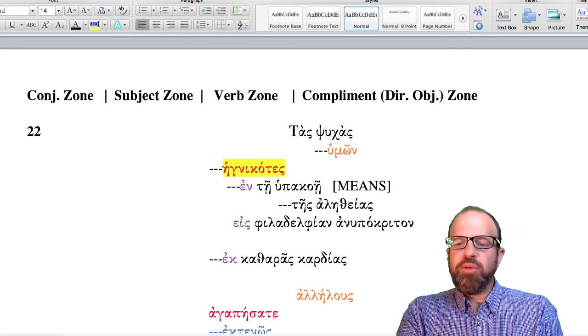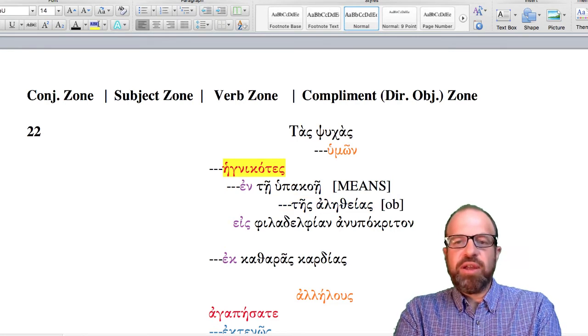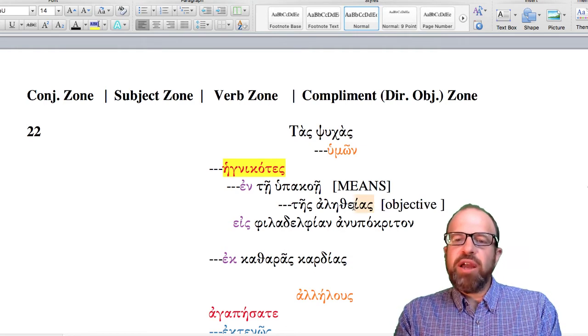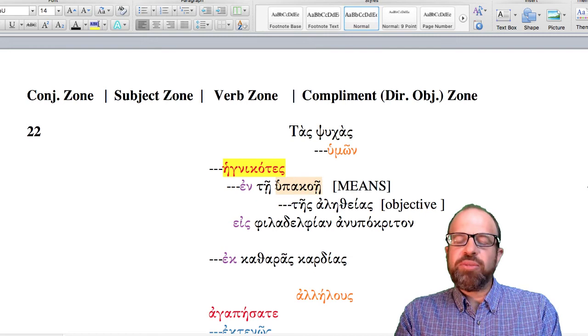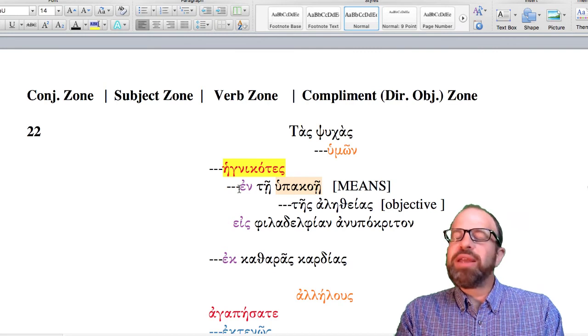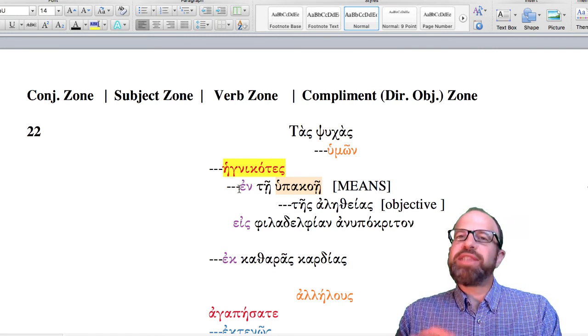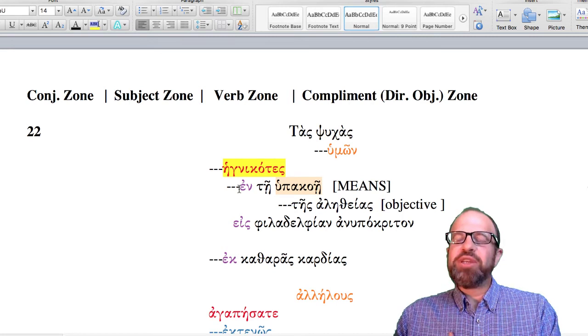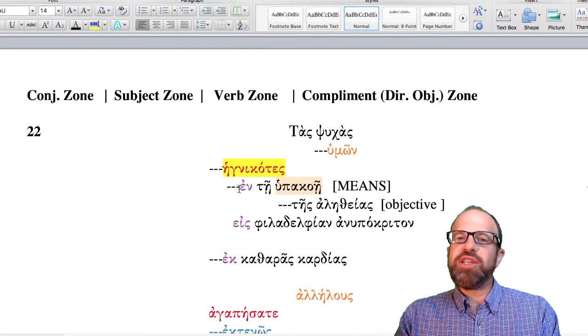This is a good example of what's called an objective genitive. And this is like the object of the verbal idea of obedience. We could think of it as meaning by obeying the truth. That is what will sanctify one's heart, is living in obedience to the truth that God has revealed in Jesus.